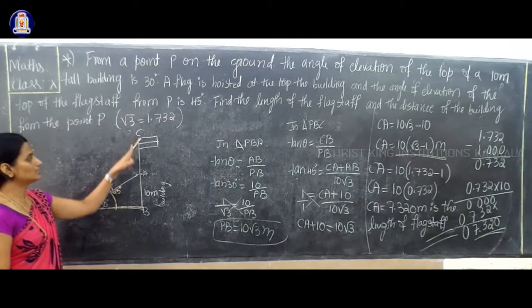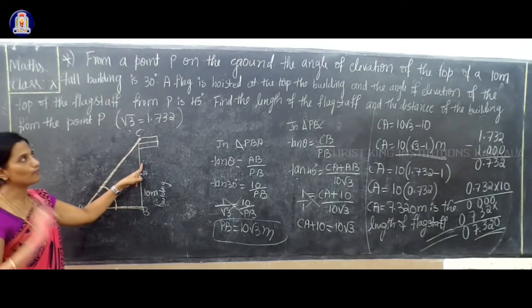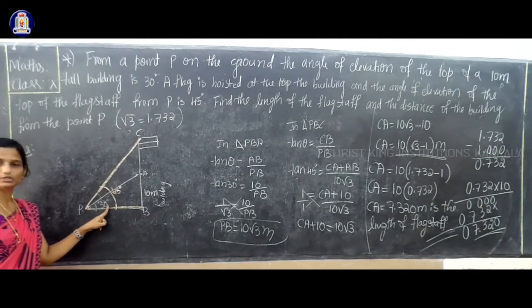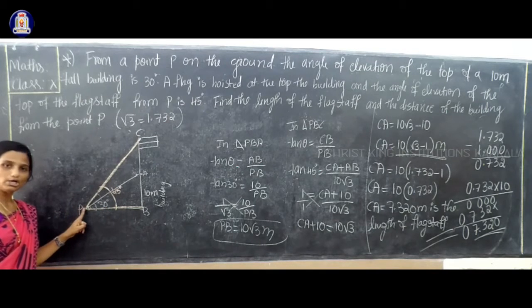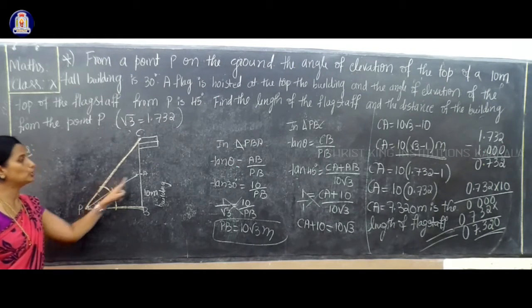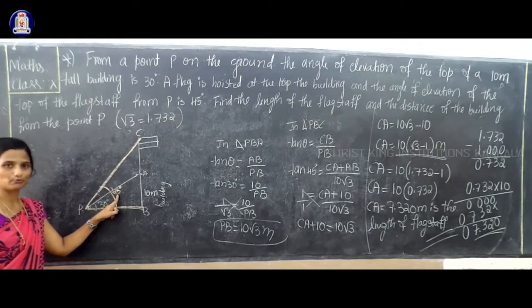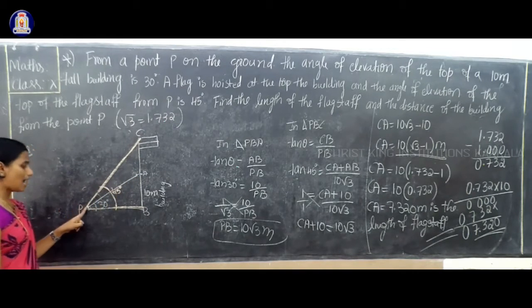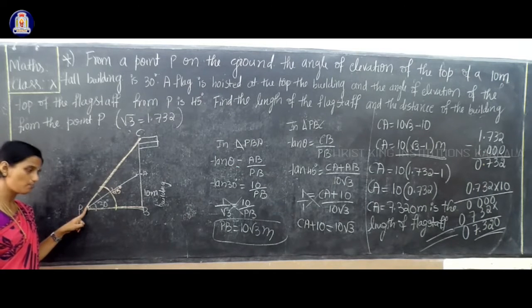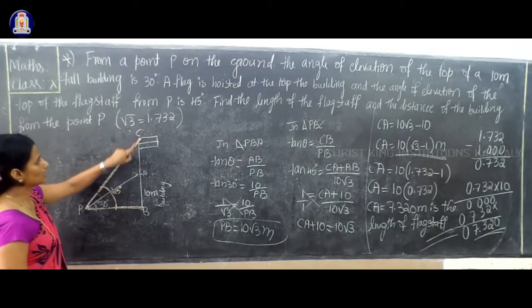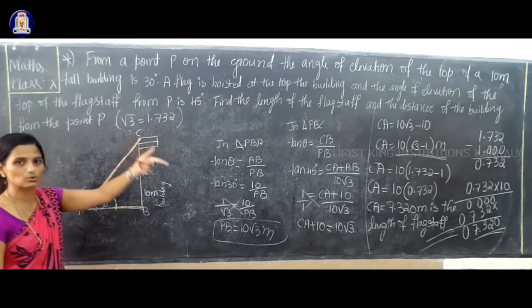Next, AC is the height of the flagstaff. Next, theta equal to 30 degree is the angle of elevation from the point to the top of the building. Next, theta equal to 45 degree is the angle of elevation from the point P to the top of the flag. So the question is to find CA.